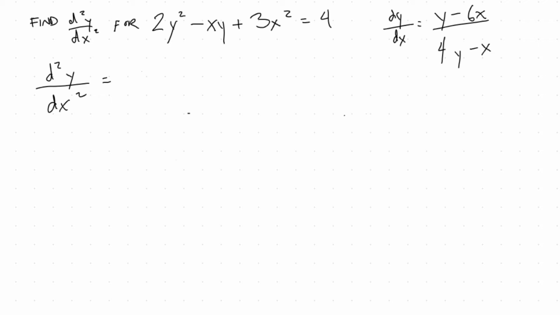Okay, so I've taken the first derivative of the equation, and now we're trying to find the second derivative. So what I'm going to have to do is the quotient rule, because now I have a term being divided by another term. And so I'm going to define f as being y minus 6x. I'm going to define g as being 4y minus x. So I take the derivative of each of these, and I'm going to get dy/dx minus 6.